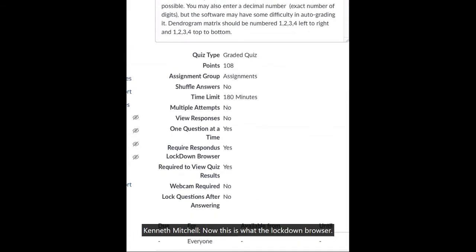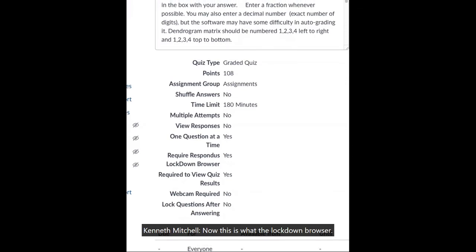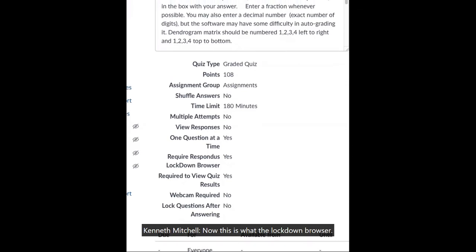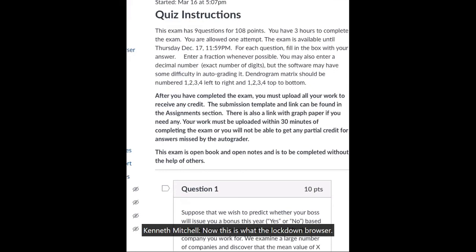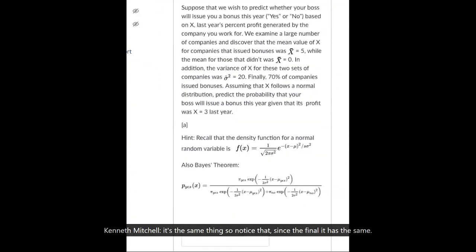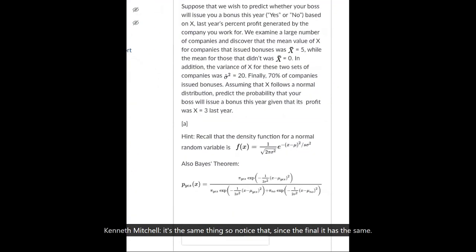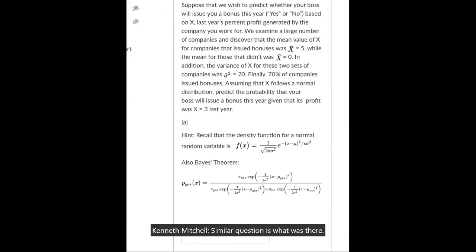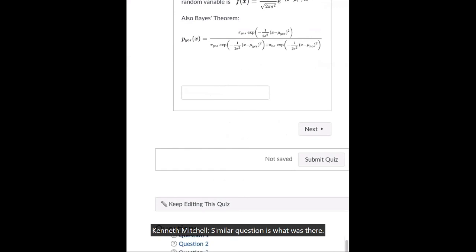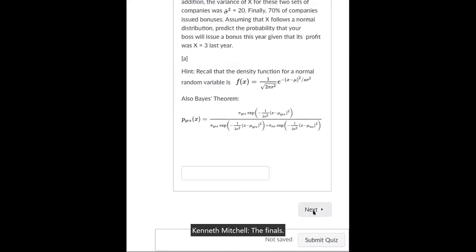It's the same thing. Notice that since it's the final, it has similar questions to what was there.